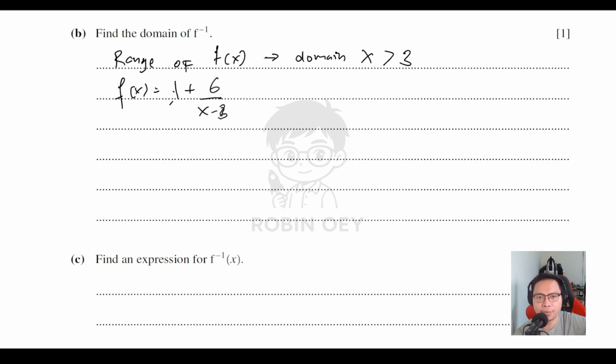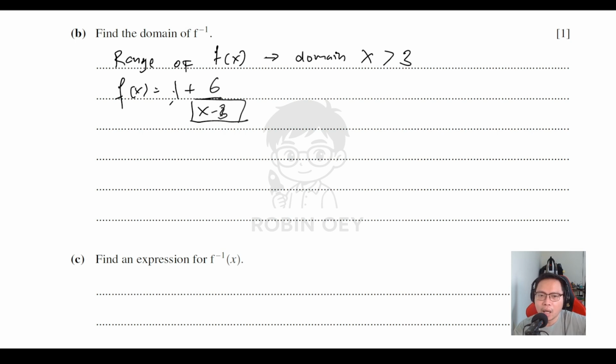We can see from here that x is greater than 3, so there is no upper limit to the input x, meaning it might go to infinity.